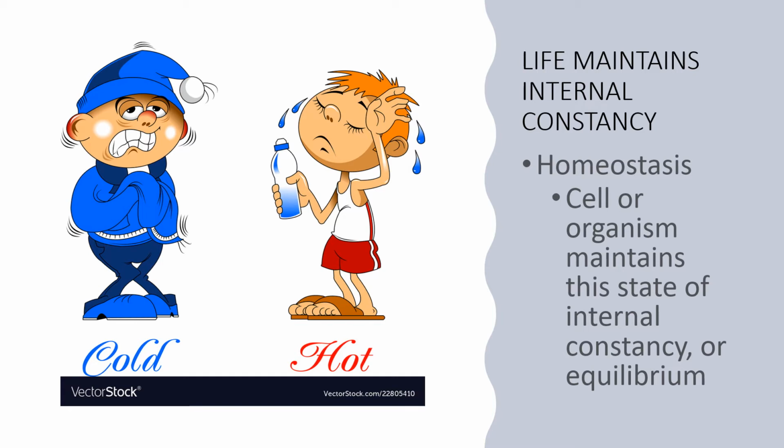The cell must also take in nutrients, excrete waste, and regulate its many chemical reactions to prevent a shortage or surplus of essential substances. Homeostasis is the process by which a cell or organism maintains this state of internal constancy or equilibrium. The ability to sense and react to stimuli is a vital part of maintaining homeostasis.